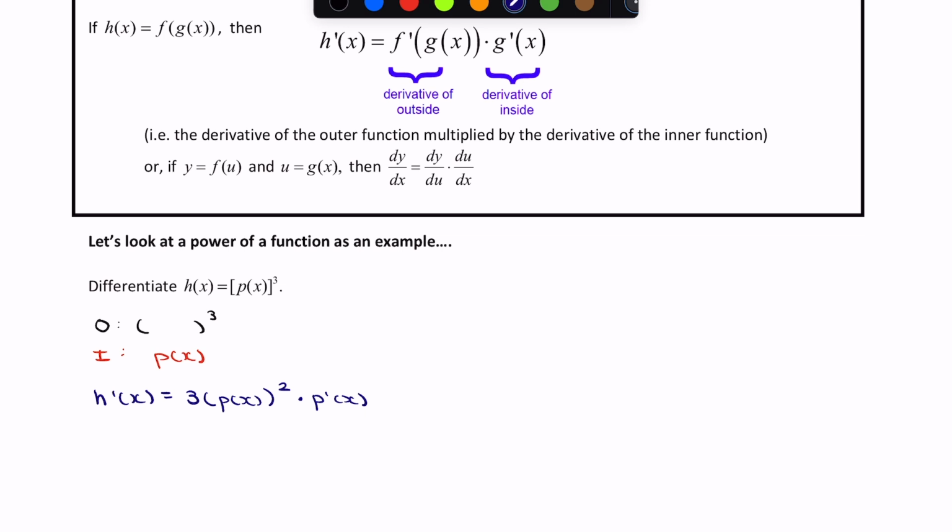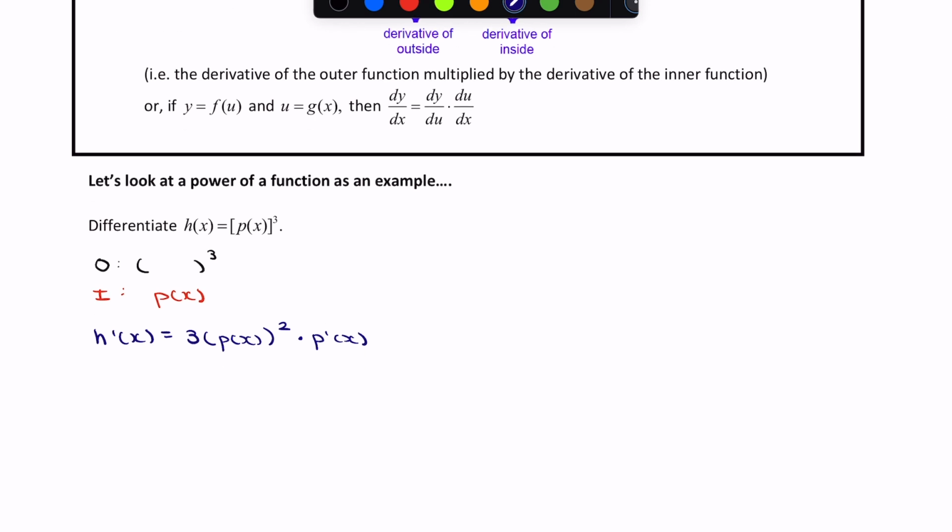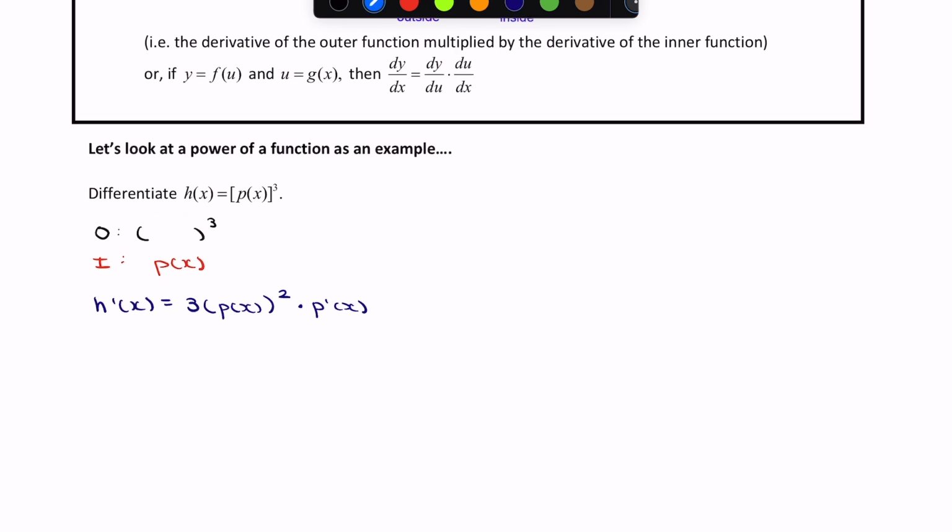Another way to look at this as well is if we have h of x equal to p of x to the power of 3, we can rewrite it as p of x times p of x times p of x.